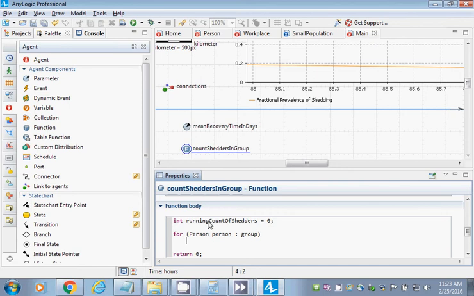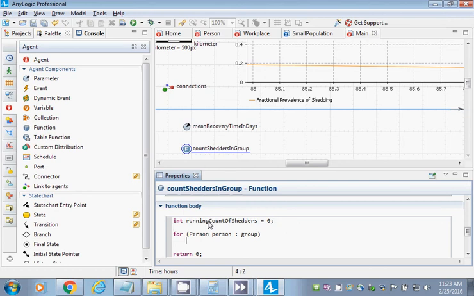So we have to ask, is this person shedding? If person dot in state, and what state do we ask about? Shedding. Now, I wish we could just say shedding, but we really need to say person dot shedding.